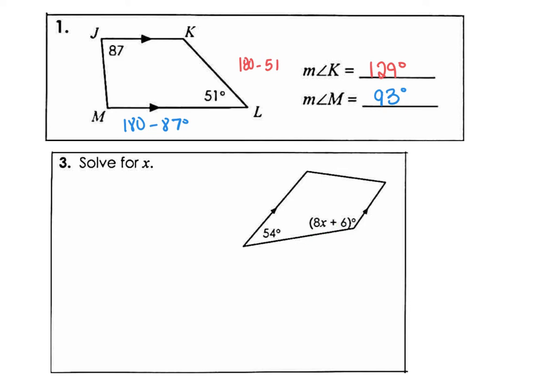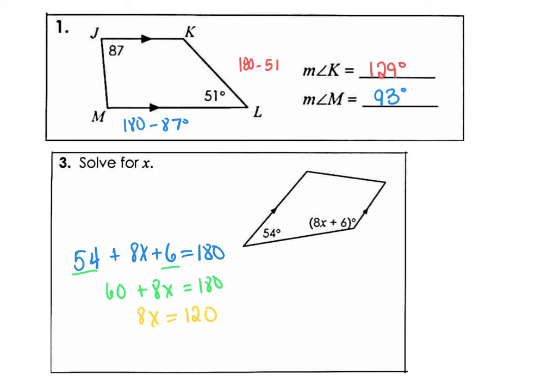So if they want us to solve for x here, we are going to simply set this up. 54 plus 8x plus 6. Supplementary means they add up to 180. All right, because those are between the parallel lines. So we're going to combine our like terms here. We will subtract that 60 over.